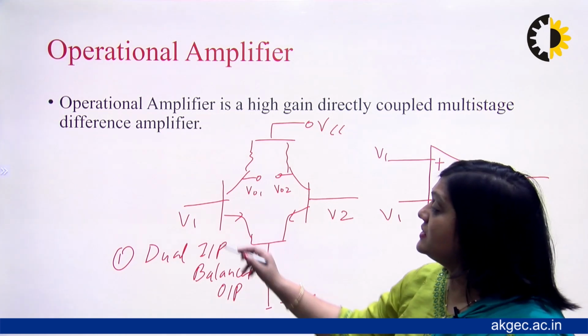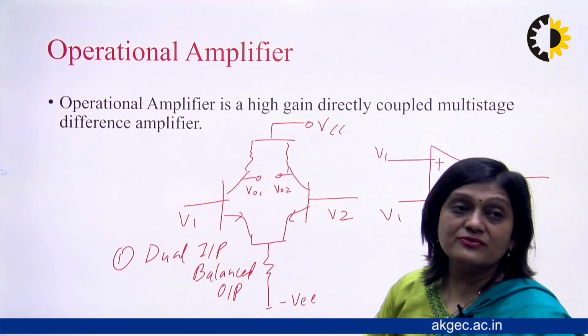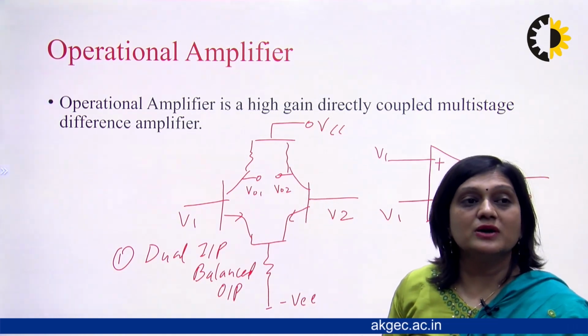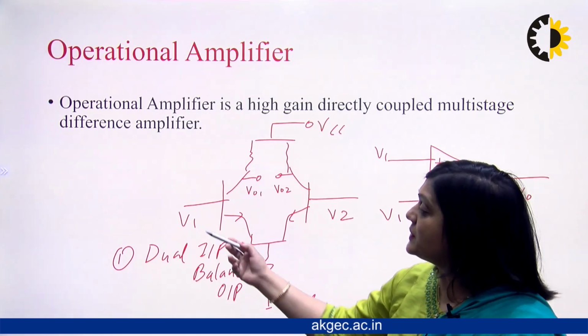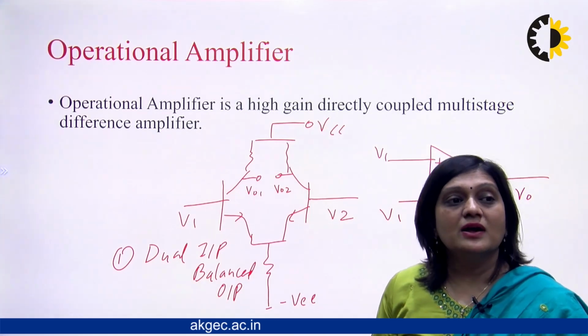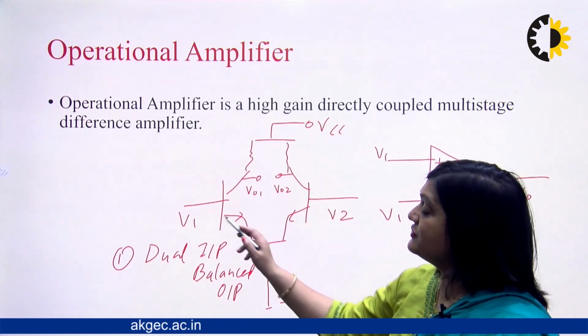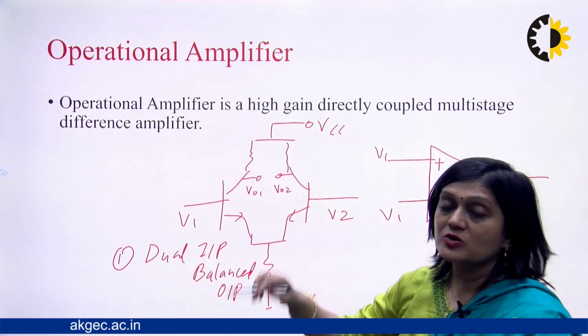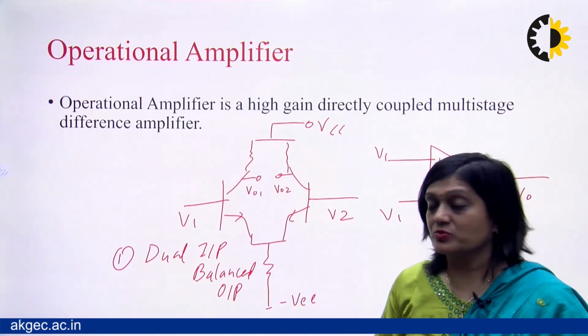And if we are applying both inputs but taking only one output, then it is called dual input unbalanced output. And if we apply a single input and take a single output, then it is called single input unbalanced output. And if we are applying a single input and taking both outputs, then it is called single input balanced output.